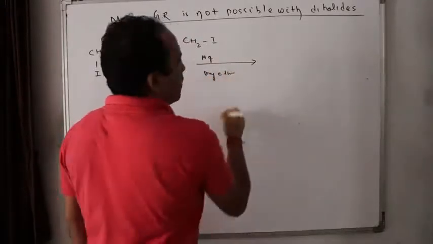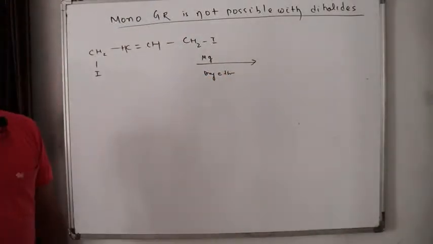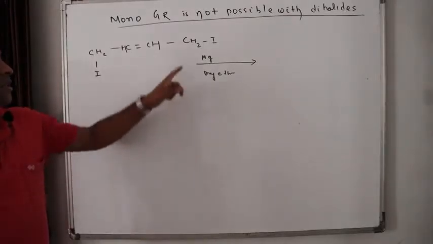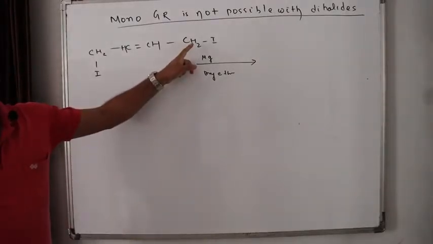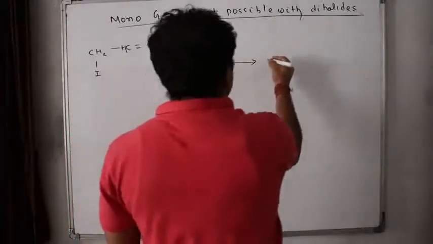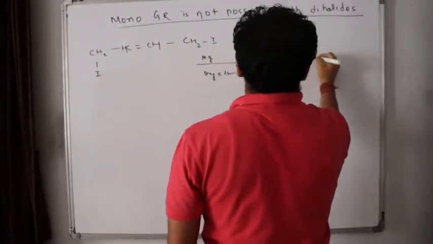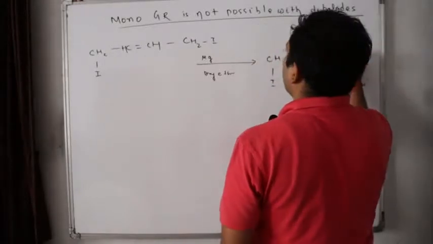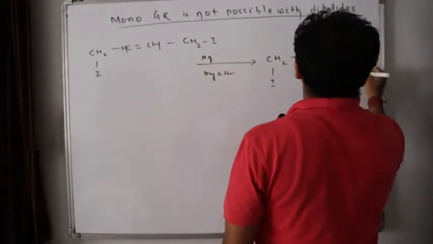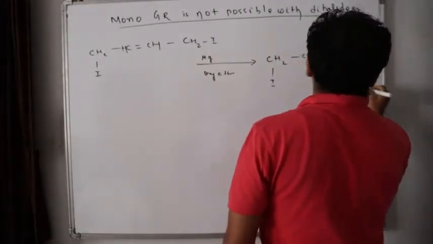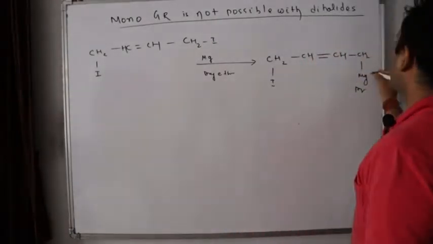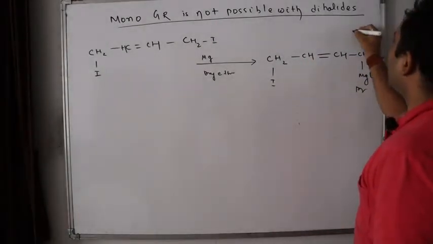So what will happen in this case? Simple concept. CH2I will be replaced by CH2MgBr. Now do you understand that this is plus, this is minus, this can come over here?